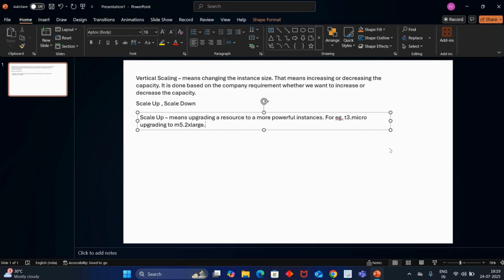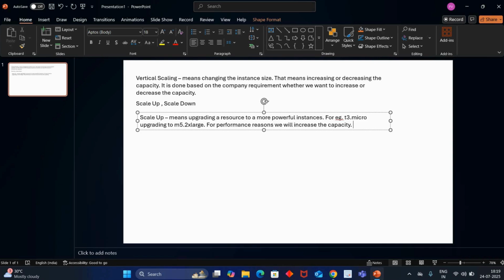So why are we using scale up? Why are we increasing the capacity? For performance reasons, we will increase the capacity.